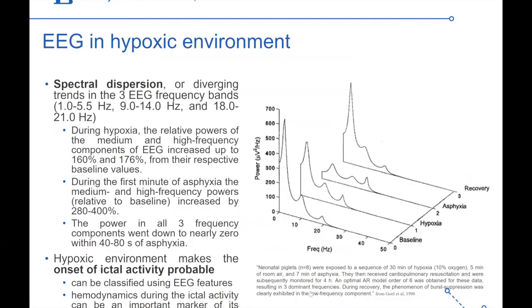Now to go into the details, like what are the features, I would like to discuss a little bit about this hypoxic environment. This is based on prior work. There is a lot of work in this area that has investigated the state of EEG in hypoxia, in lack of oxygen in brain tissue.